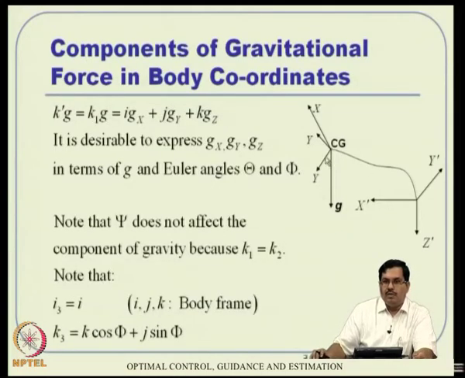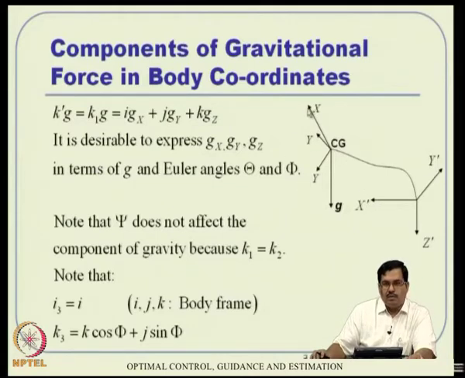Remember, gravity is parallel to the inertial z axis all the time, no matter what the vehicle attitude is. Gravity is always vertical with respect to the surface of earth, so it is always pointed to the earth's center. This vector need not be oriented with respect to body axis x, y, z.